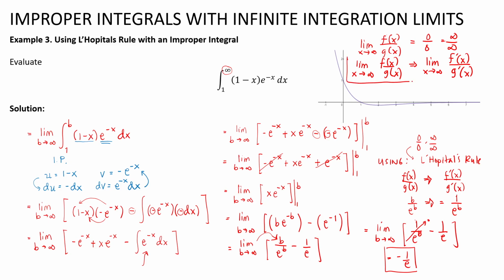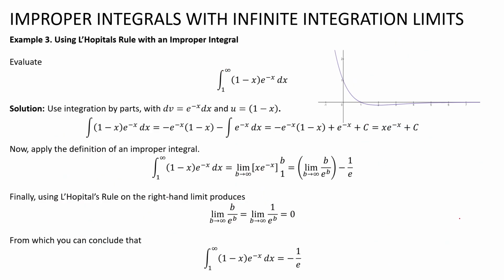To make the long story short, just derive the numerator and then the denominator. That's what L'Hopital's rule is all about. So this is the simplified solution, coming from the reference.